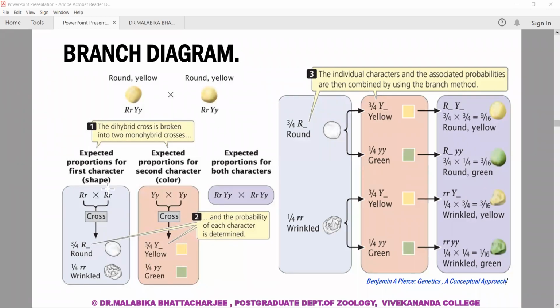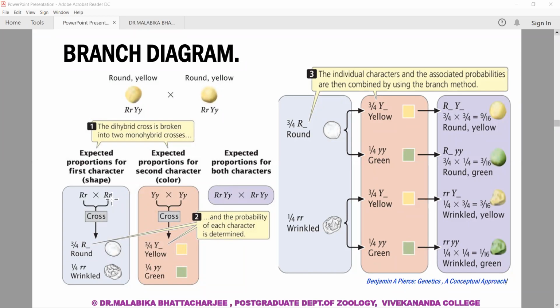If we remember the traditional Mendelian monohybrid cross ratio, when we cross a capital R small r with a capital R small r, the ratio of the capital R phenotype is 3 and the small r phenotype is 1. So it is 3:1.